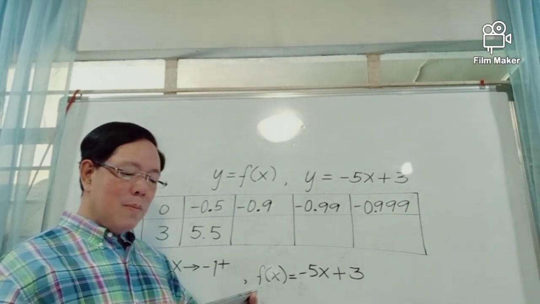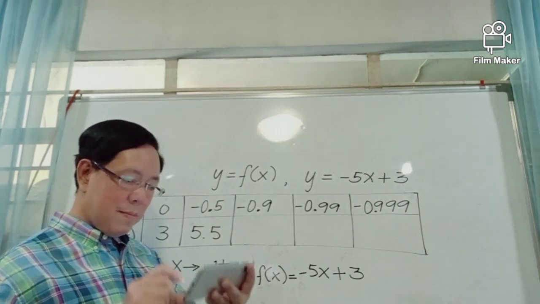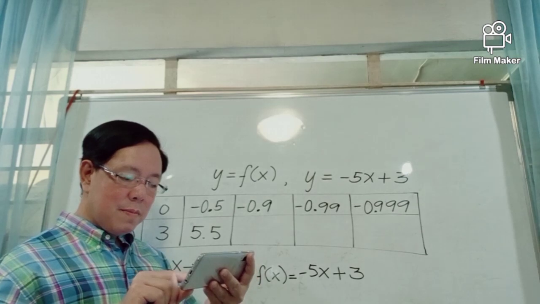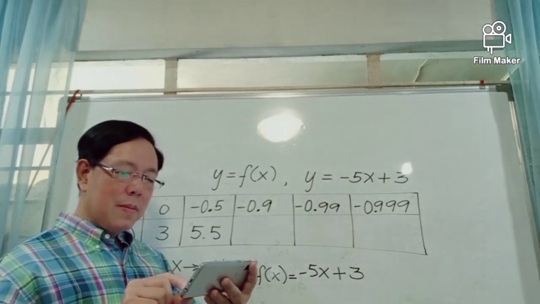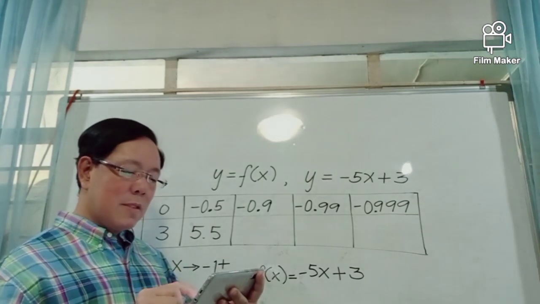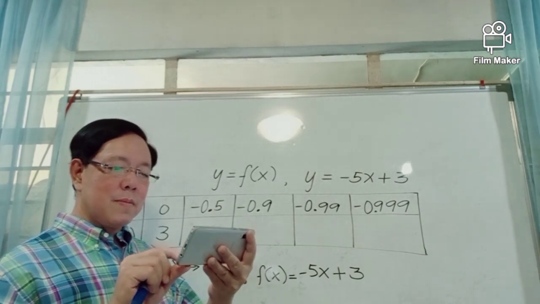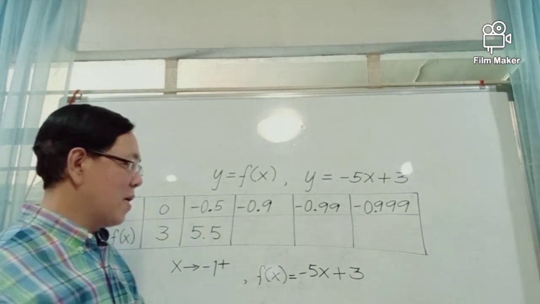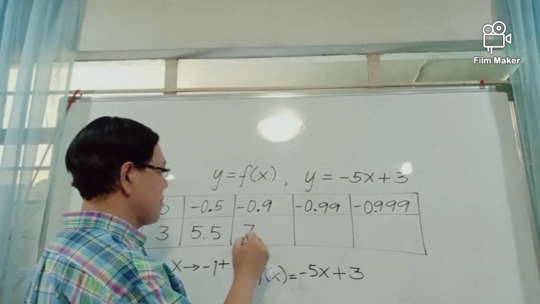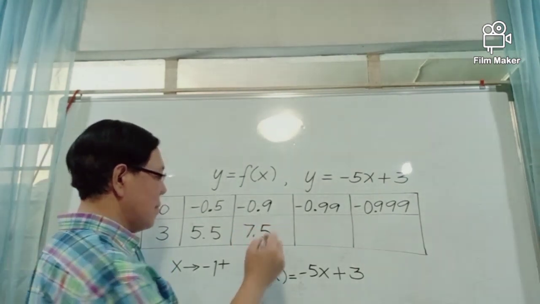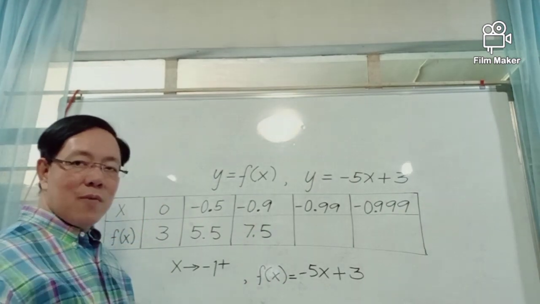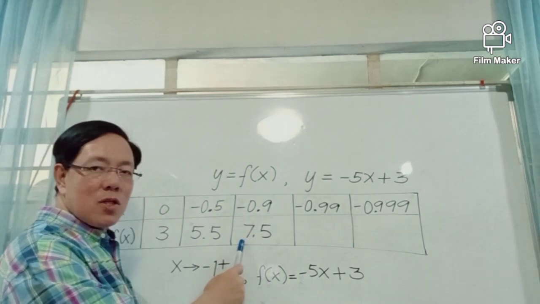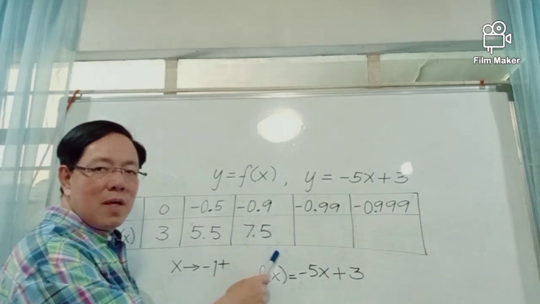Negative 5 multiplied by negative 0.9 plus 3, and we get positive 7.5. When the value of x equals negative 0.9, the value of the function is 7.5.